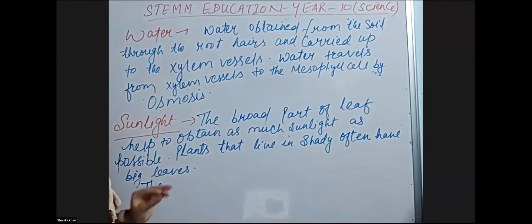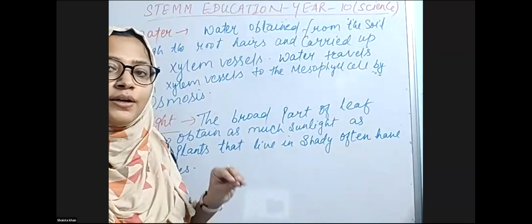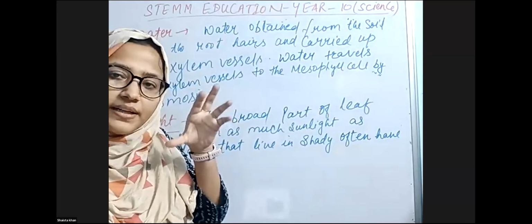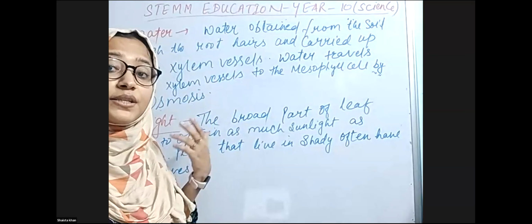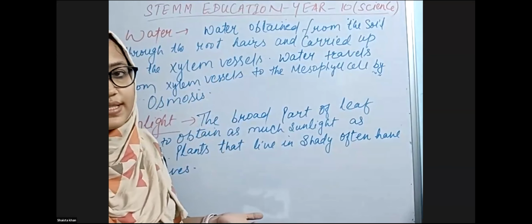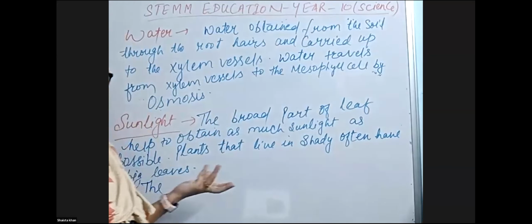And which cell needs the sunlight? Which part of the leaf? It means which cell needs so much sunlight? Mesophyll cell. Only mesophyll cell.